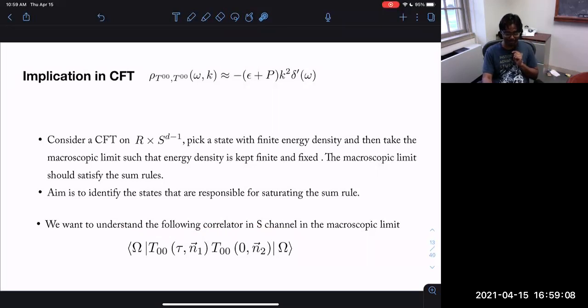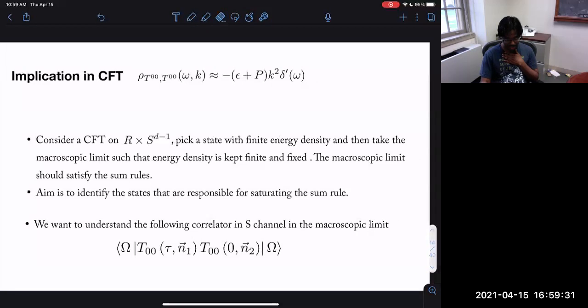Is there any question? If not, let me move ahead and see how these things can be done.